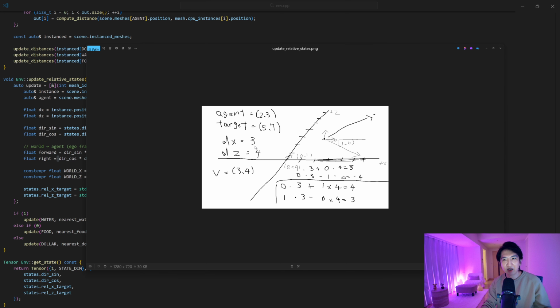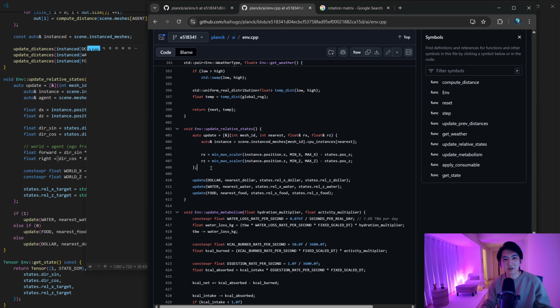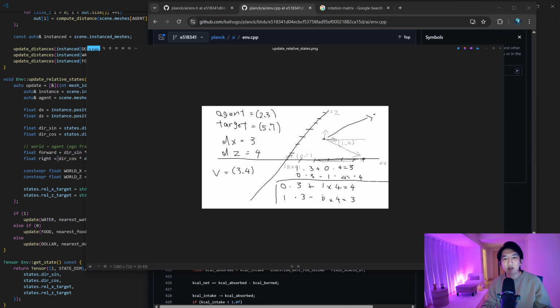So these are essentially the same as the computation I did before; this is exactly how the values I'll get when I use this. It's pretty similar, but this forward vector tells you how much to the front or to the behind the target is from the AI's perspective.